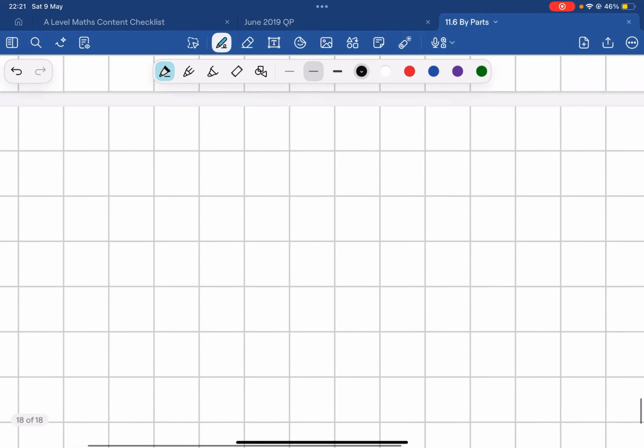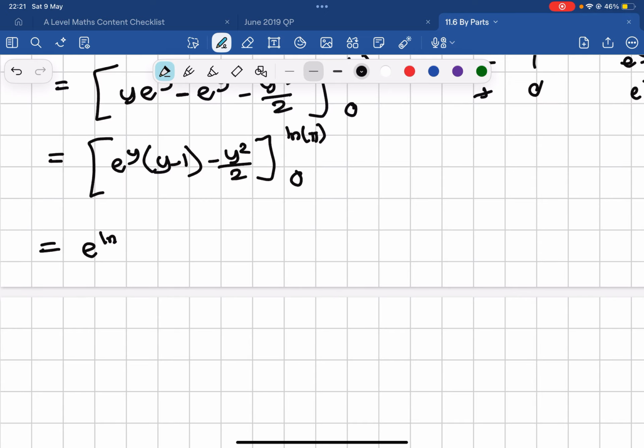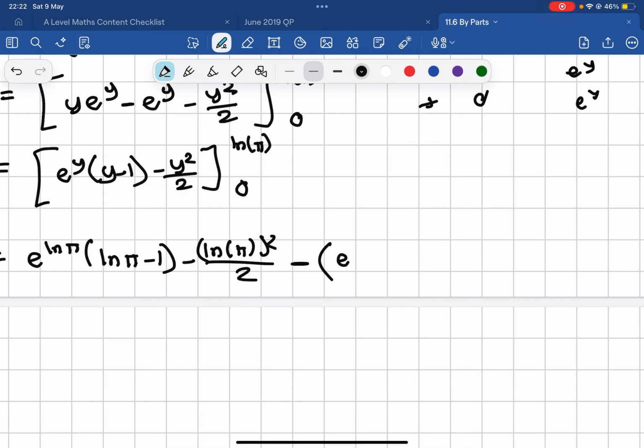So let's sub in ln pi, so we have e to the ln pi times, ln pi minus 1, minus ln pi all squared over 2, subtract, now plugging in 0 for y, e to the 0 just becomes 1, 0 minus 1, so that's minus 1, minus 0 over 2, so that's minus 1.